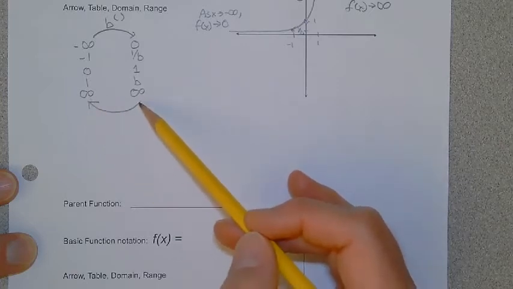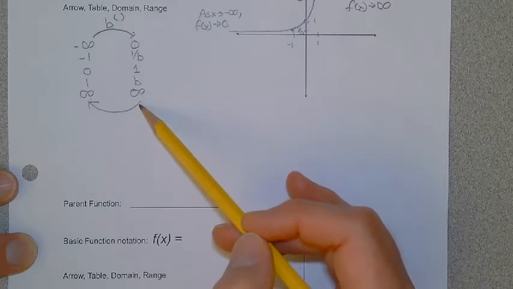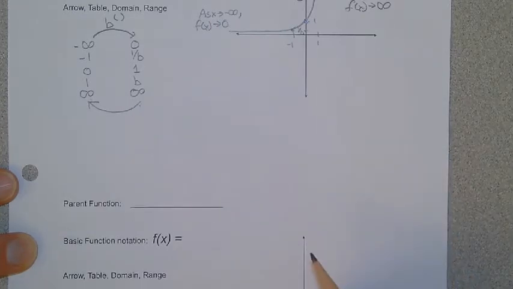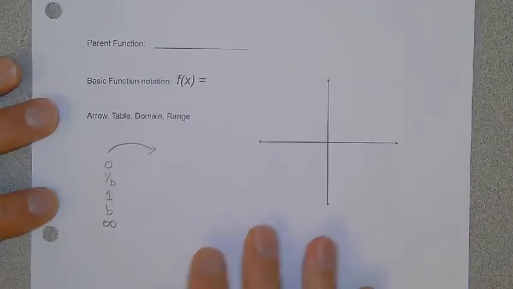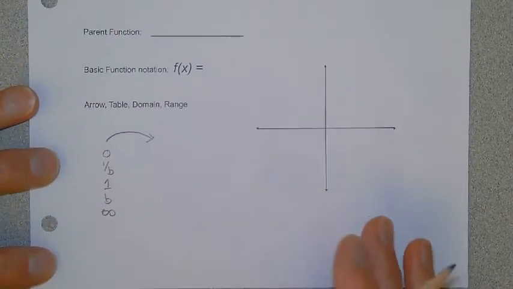So if these were the outputs before, they now become the inputs, and that looks like they're probably in numerical order there. So I'll go with the 0. I'm going to put in a 1 over b, a 1, a b, and an infinity. And I'm going to scoot those up so you can actually see those.